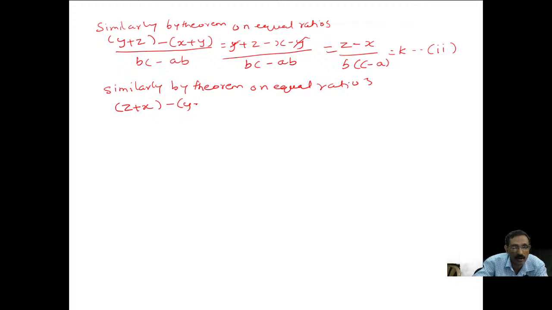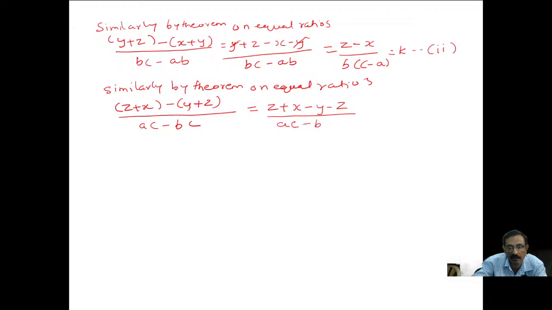So y plus z upon AC minus BC, which is equal to z plus x minus y plus y. This gives me minus z upon AC minus BC.